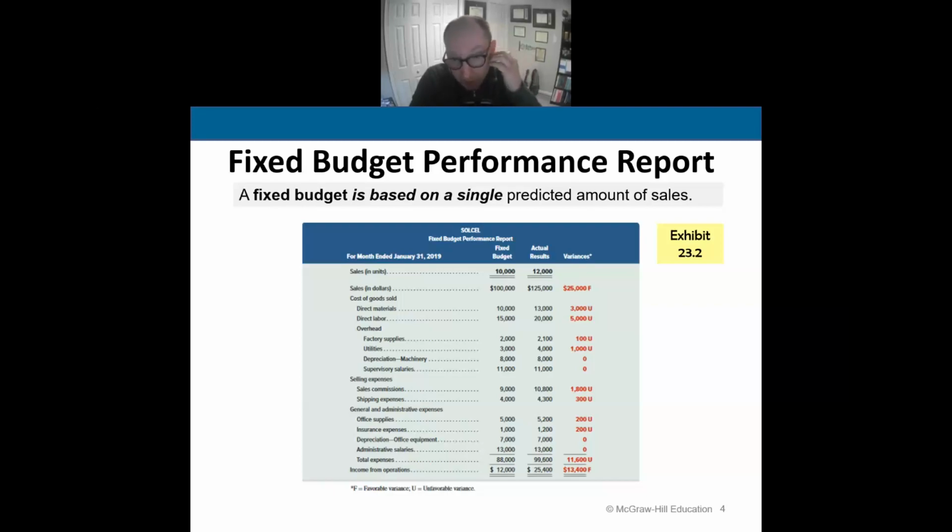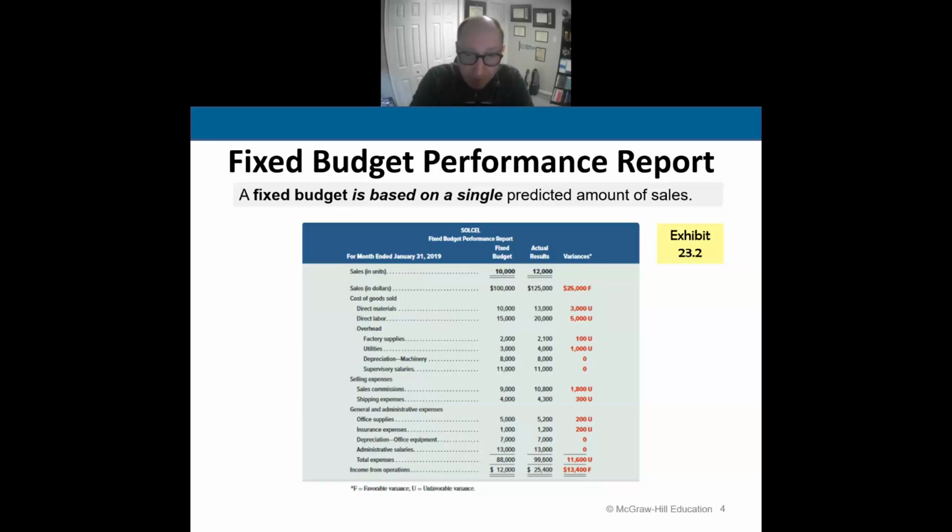And then look at the expenses. My expenses were higher than my budgeted amount, so those are unfavorable. My total expenses were 11,600, unfavorable. Okay, so that's not so good. But my sales are 25,000 above what I had budgeted for. That's favorable. So we can find that the total net income is a favorable variance.